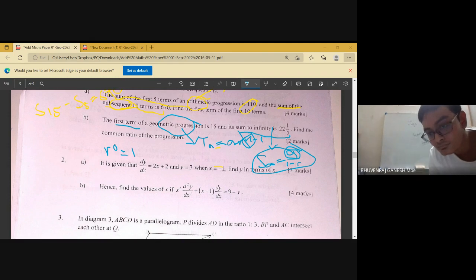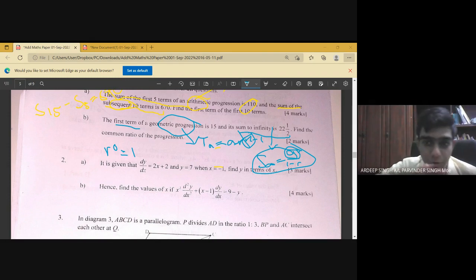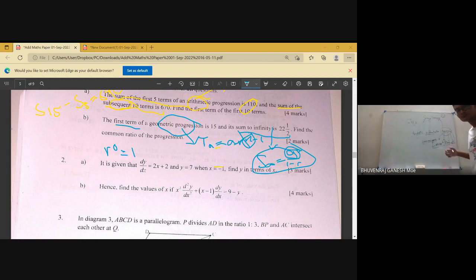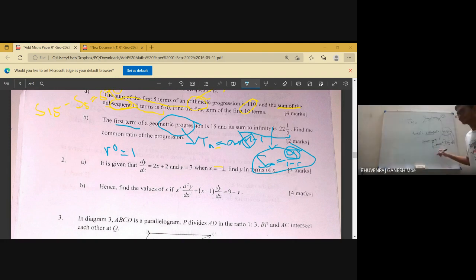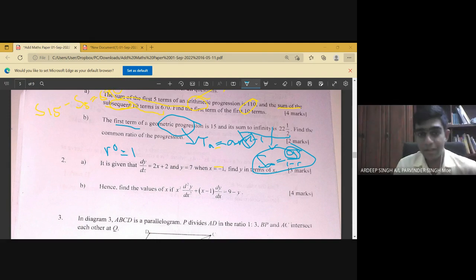Better now, I think you need to push back more. Maybe because of my camera, I should turn off the camera. Now it's okay. You sure? I think okay already now. Now looks better. I still can't see, but I hope people viewing can see. Alright, Boon, you can send this photo of the conclusion you made so everyone can save it, because some people are lazy to write down, including me.